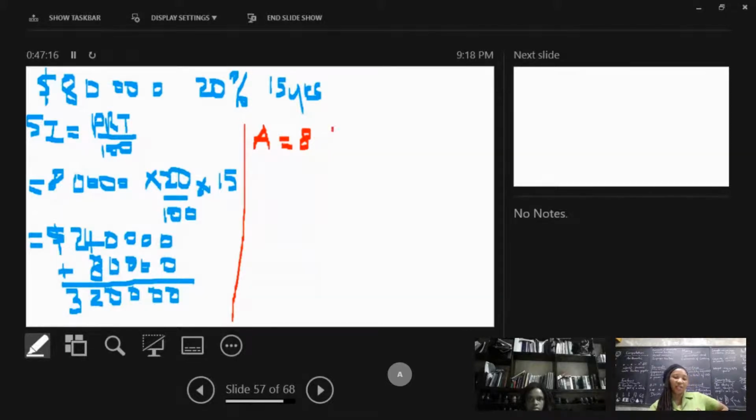Just plug them in, in the interest of space. All right, let me put the formula here. So that's A equals P times (1 plus R over 100) to the power of N.